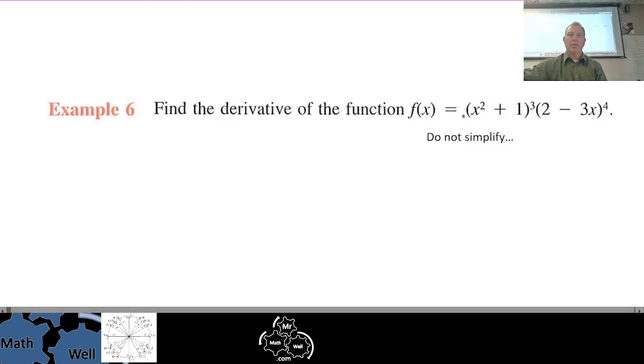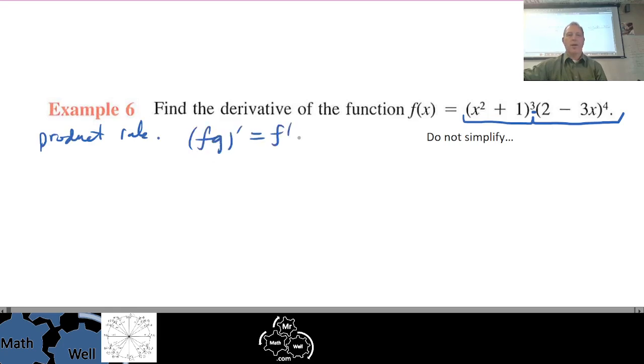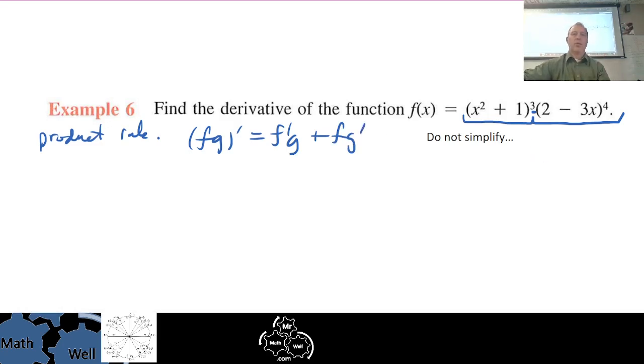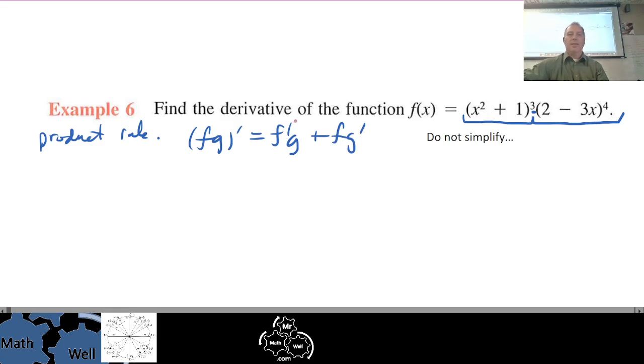I do see that this is ultimately a product, right? One function times another. So I am going to do product rule. I have to keep in mind product rule, and so that is (f g)' is f prime g plus f g prime. Okay, obviously large scale. Now, drilling down on that, I see that f prime is going to be the derivative of this function.